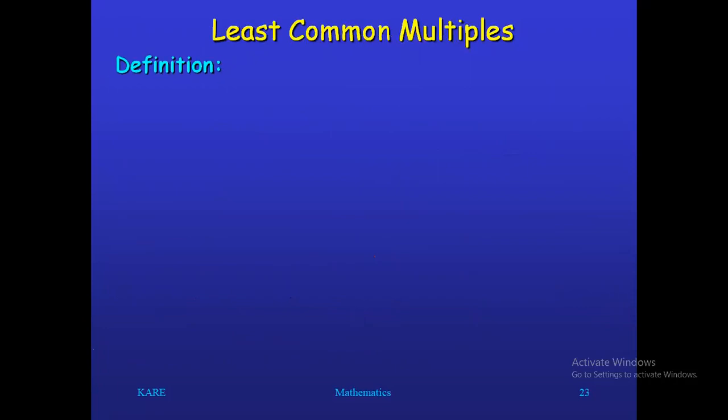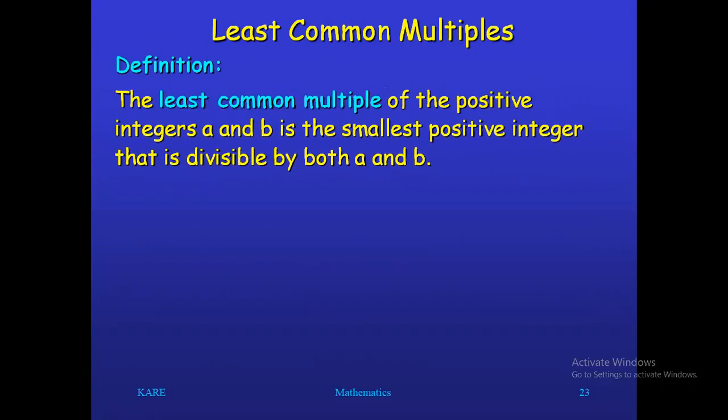Next. After this, we have seen the greatest common divisor. Now we are going to get to the concept of least common multiples. The least common multiple of the positive integers a and b is the smallest positive integer that is divisible by both a and b.